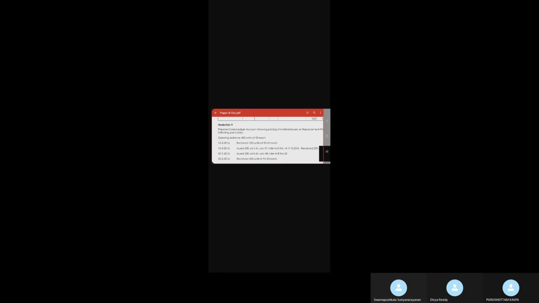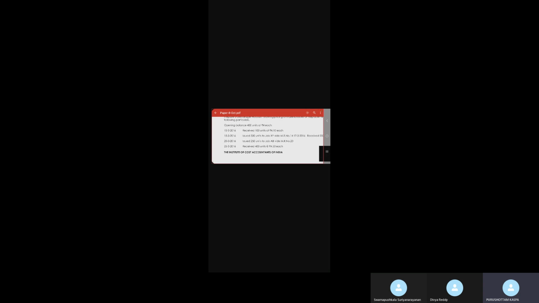Prepare a stores ledger account showing the pricing of material issues on a replacement price basis from the following particulars. Opening balance on 1st March is 400 units at 4. On 10th March received 100 units at 4.1.